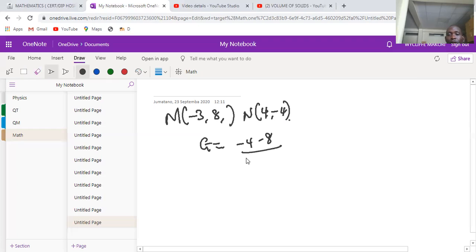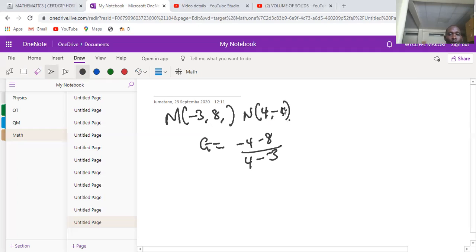over 4 minus -3. And I want to stress something here. Anytime you do change in y over change in x, if you start with the y of the second coordinate minus the y of the first coordinate, then in doing change in x, you should also start from the same point.